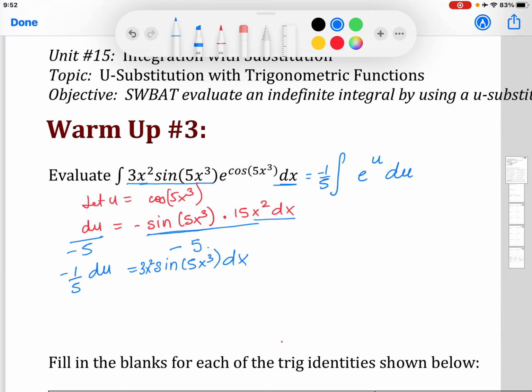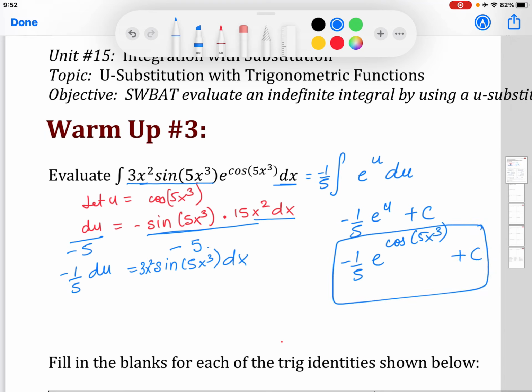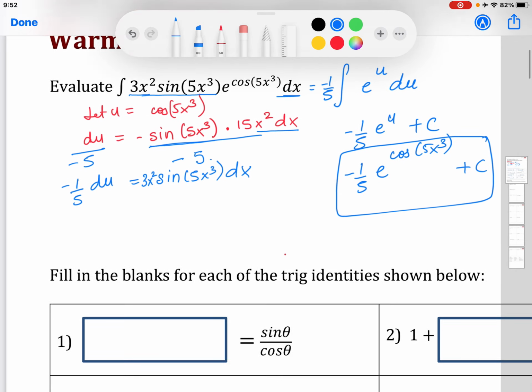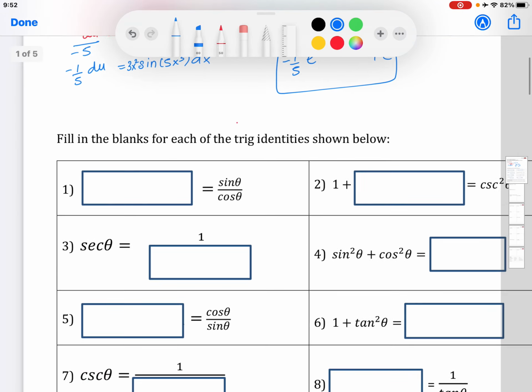That's a pretty straightforward integral. The integral of e to the u is just e to the u, plus C, and I'm going to replace back my u with whatever I initially let it be, negative 1/5 e to the cosine 5x cubed plus C, and that is my answer. Okay, so again, it's just trying one thing or the other.